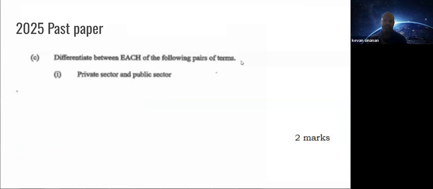Remember, the private sector consists of companies and organizations owned by individuals whose sole purpose is to earn a profit, whereas a public sector consists of organizations run by the government to provide goods and services for the benefit of the population.